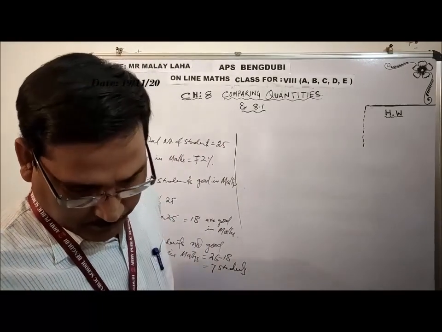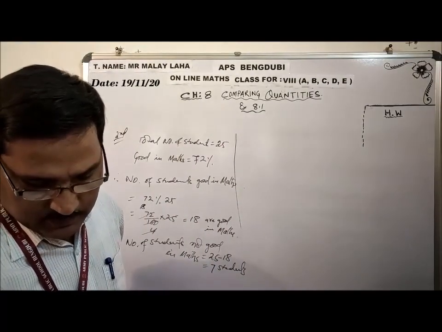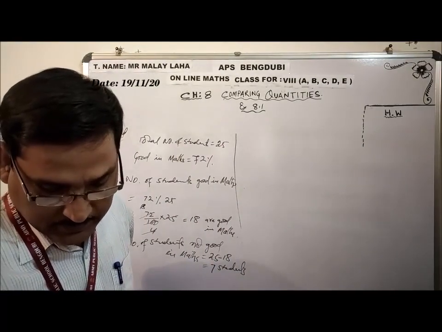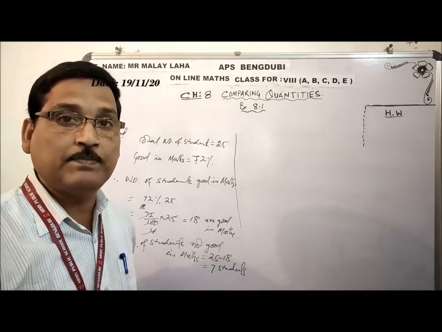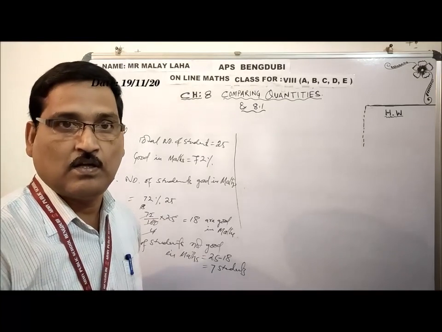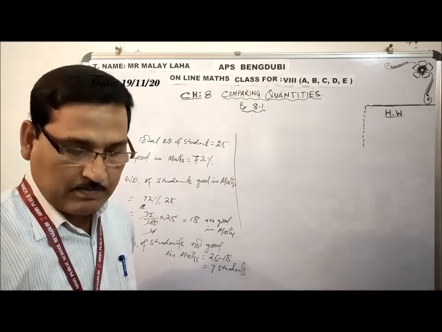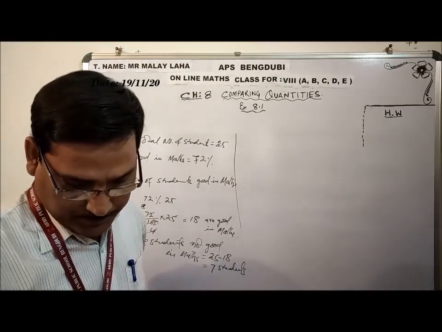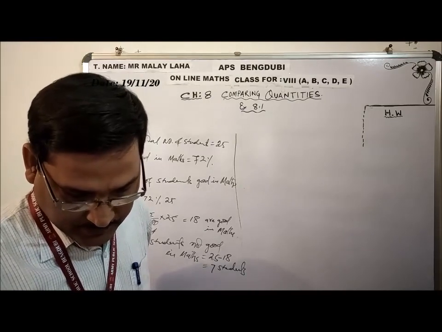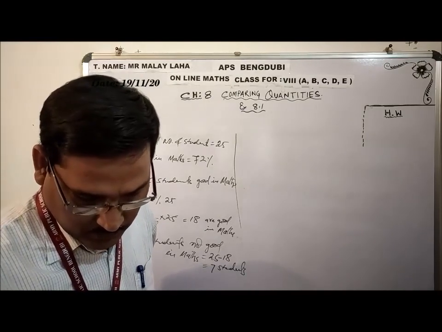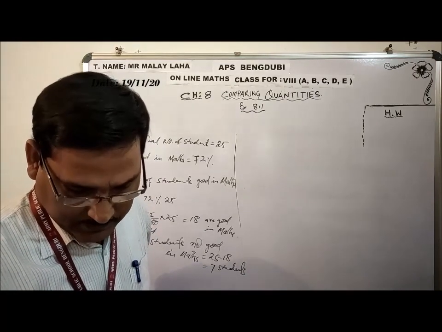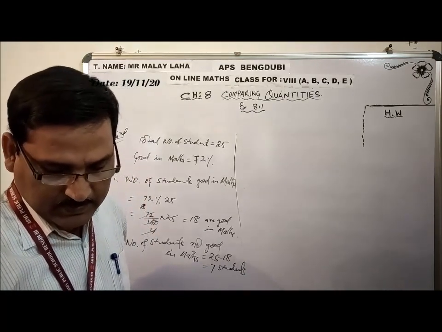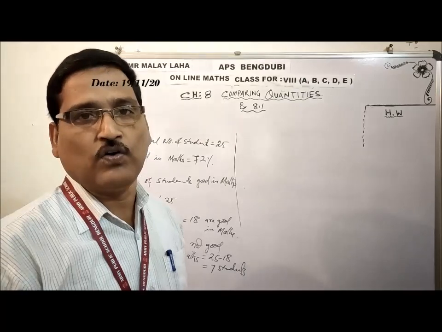A football team won 10 matches out of the total number of matches they played. The total number of matches they played is not mentioned. Only the number of winning matches is 10. If the winning percentage was 40, that means 40%, then how many matches did they play in all?